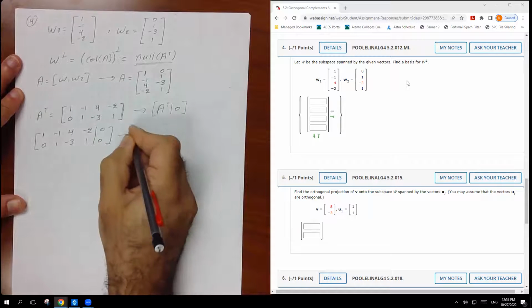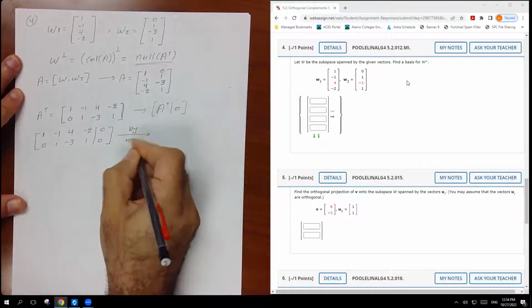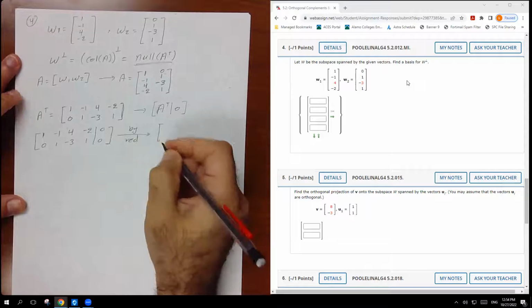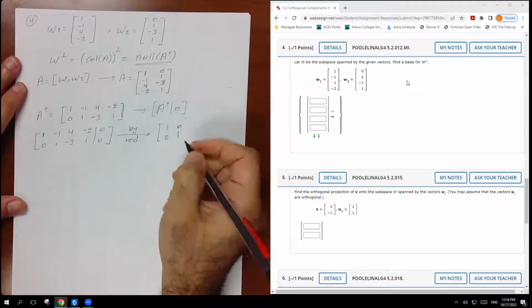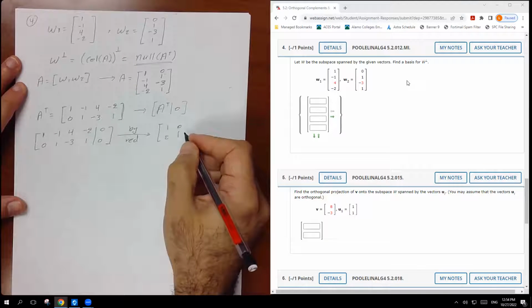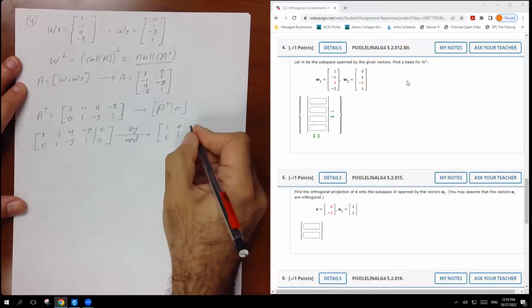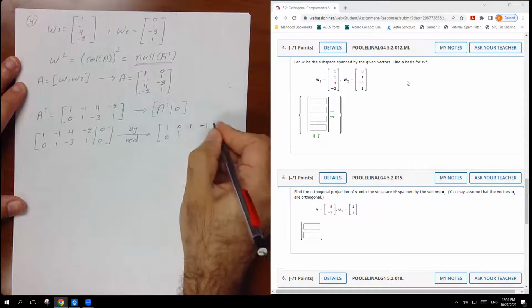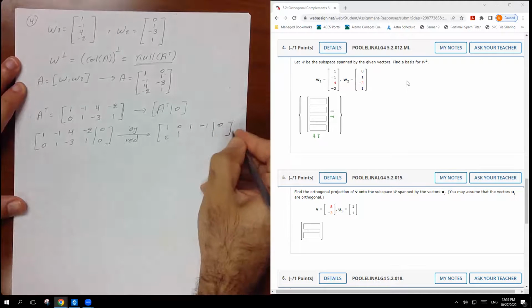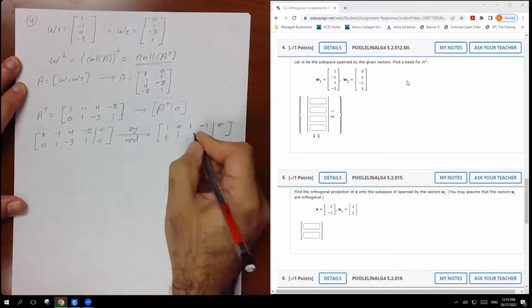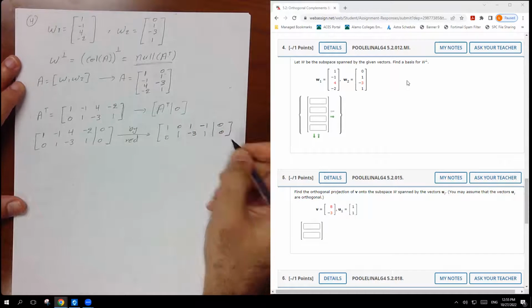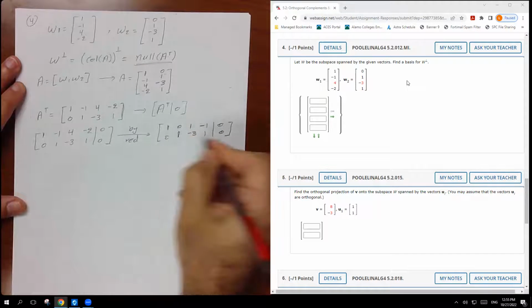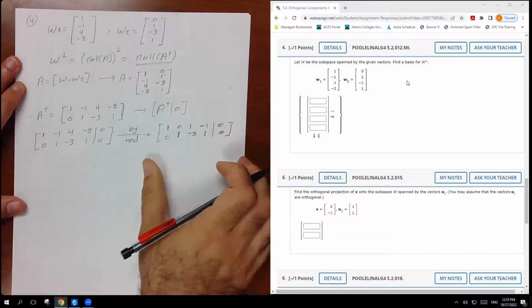By reduction, it's going to be 1, 0, 0, 1, and here these two elements are going to be 1, -1, and -3, 1. Here is 0. So this is by reduction. We got this matrix.